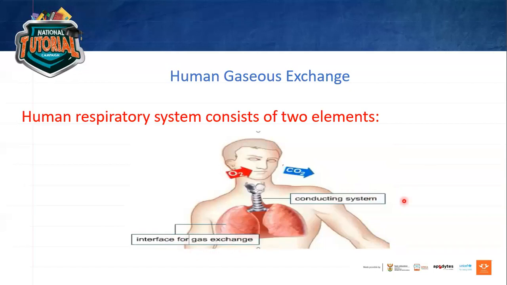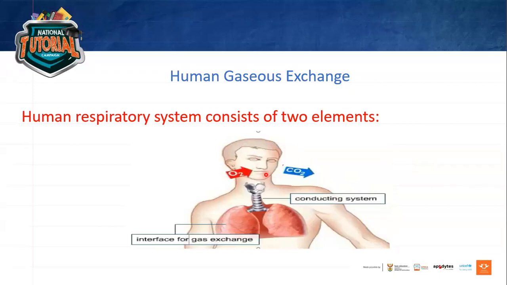The conducting system, like the word says, conducting, allows for the passage of the gases, how they enter, where they pass. And then the interface for gas exchange is where the gas is actually exchanged, and we'll get to learn more about how that takes place.